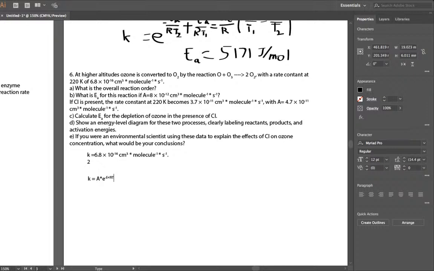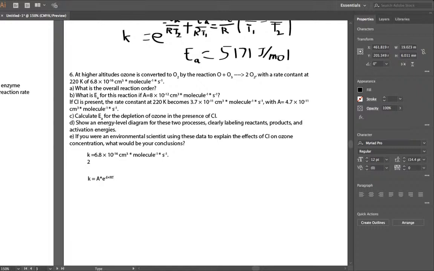So that's basically K, that would be 6.8 times 10 to the power of negative 16. We don't really need to care about the units because we can just cross those units anyways.